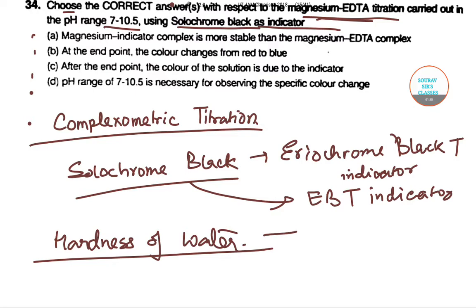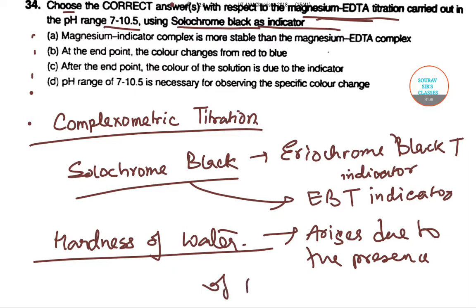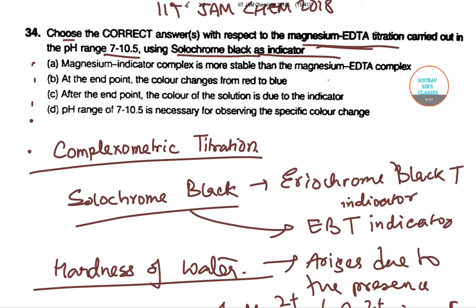The hardness of water arises due to the presence of Mg2+ ions or Ca2+ ions in water. So that's why magnesium EDTA titration.